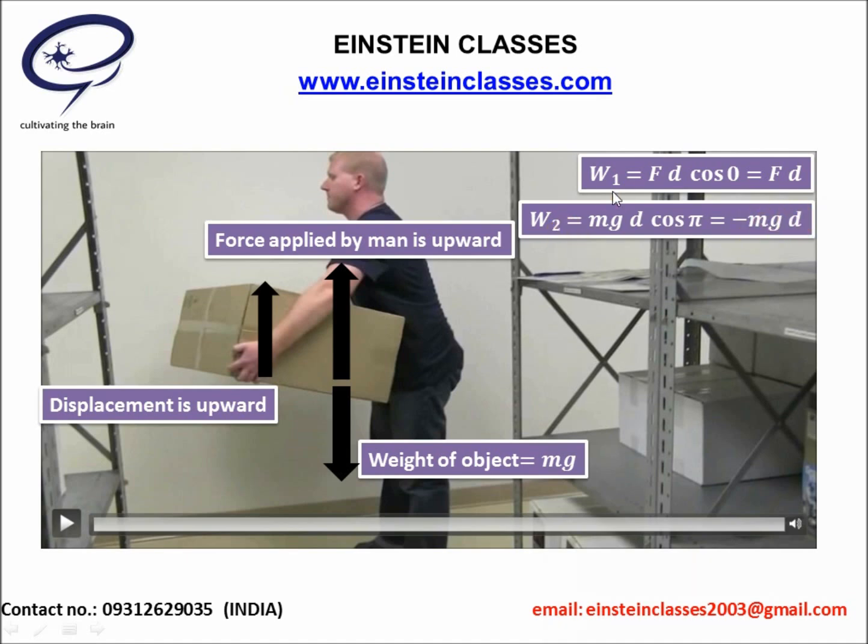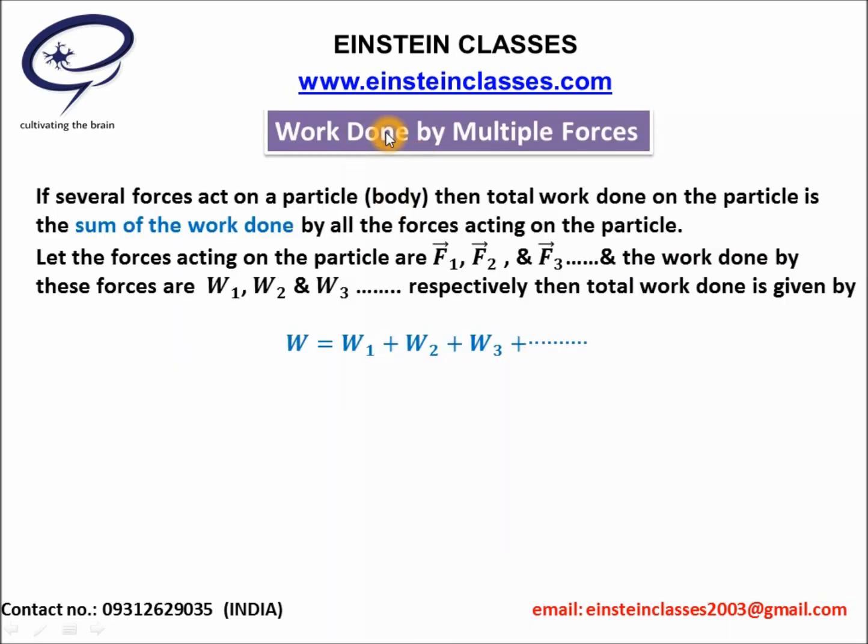Now we have to take the algebraic sum of these two work done to find the total work done by all types of forces acting on this object. Write down the concept for work done by multiple forces. If several or multiple forces act on a particle or a body, then the total work done on the particle will be the sum of the work done by all the forces acting on the particle.